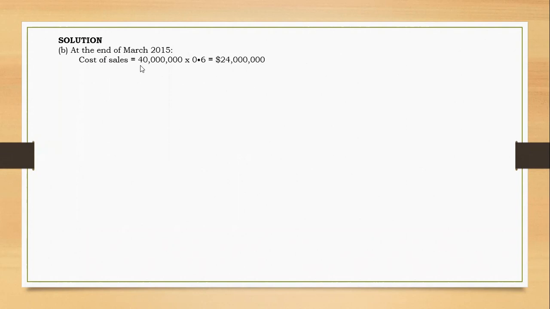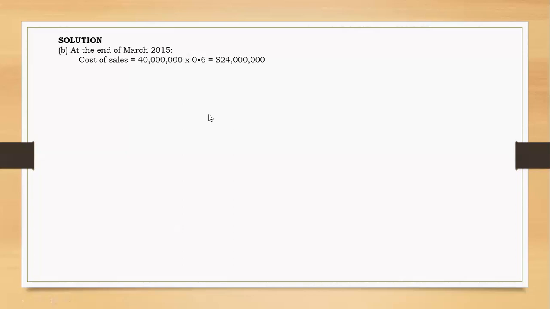To obtain cost of sales, I'll just take 60% of sales. 60% is 0.6 times total sales, that was 40 million, and we obtain 24 million here. So that's what you need to be very careful about. And then I could proceed now to obtain the figure of inventory as I just showed you.